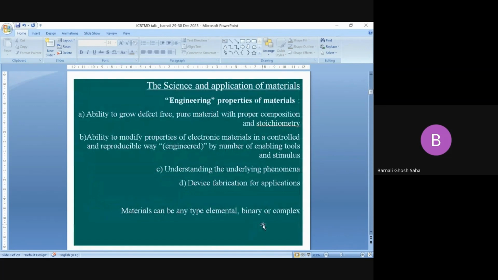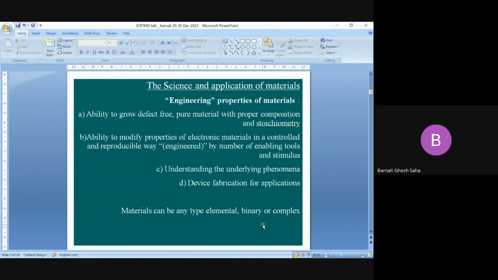Now comes the third slide. You have to engineer the properties of material while working on this. So how can one engineer the properties of material? That is the ability to grow. We have to grow a defect-free sample with proper phase and composition and stoichiometry.